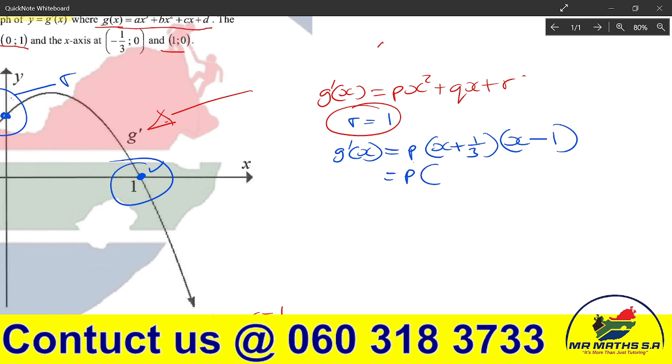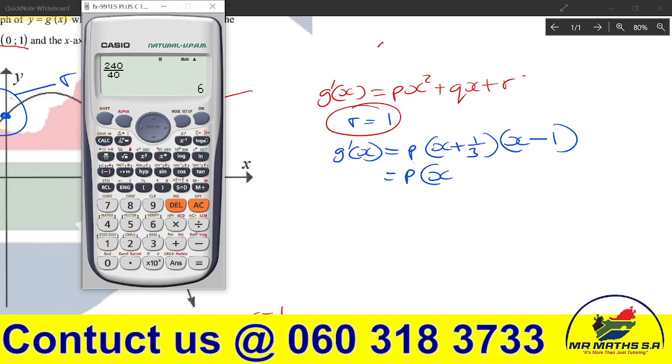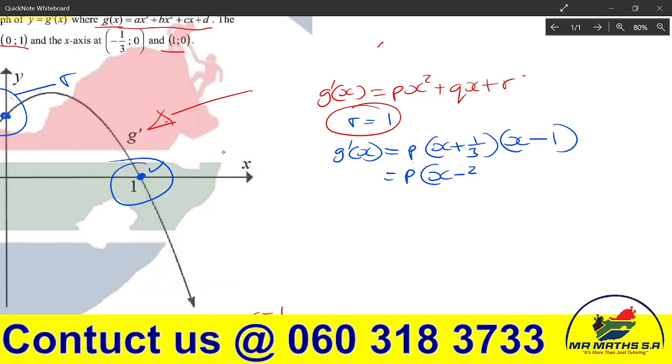Then expand it. So it's going to be x squared. As you can see here, negative 1 plus 1 over 3. What are you getting? You're getting negative 2 over 3. Okay. So it's 1 over 3 minus 1, which is negative 2 over 3. So the answer that we are going to have is going to be negative 2 over 3 x.